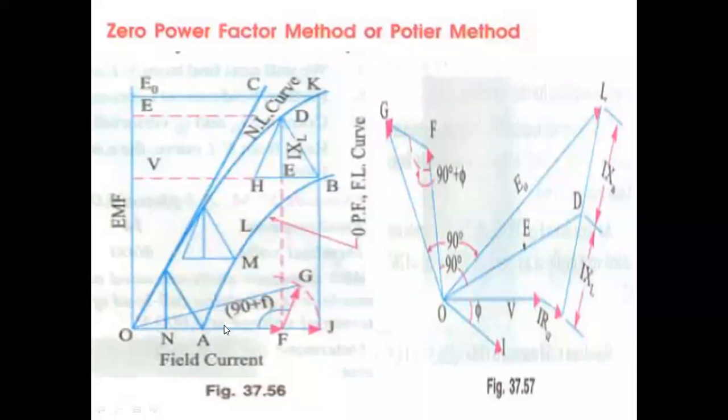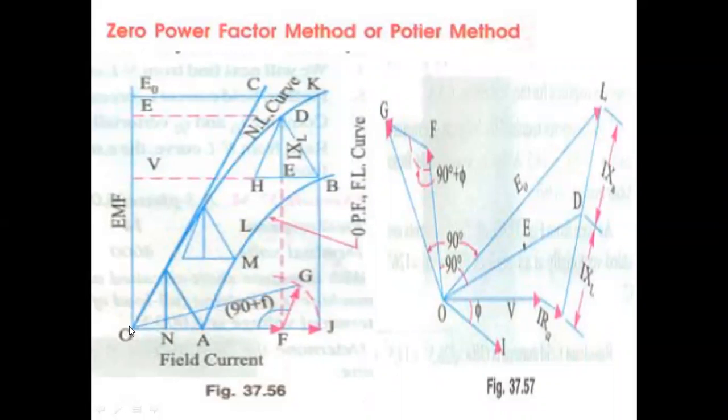And if you know the A and B points here, the full load zero power factor curve AB can be drawn. So like this, we have to draw the AB curve, and parallel to this AB curve, I will show you.